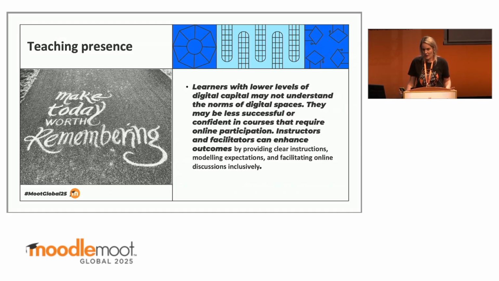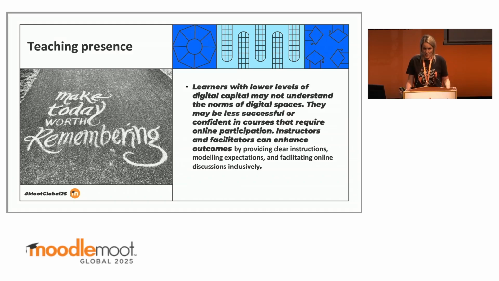And again, learners with low levels of digital capital may have less experience of navigating those digital spaces. They may not understand the norms as well as other learners do, especially if it's their first time learning online, if they don't have that experience in their network. And so they might be less successful or confident in courses that require online participation.